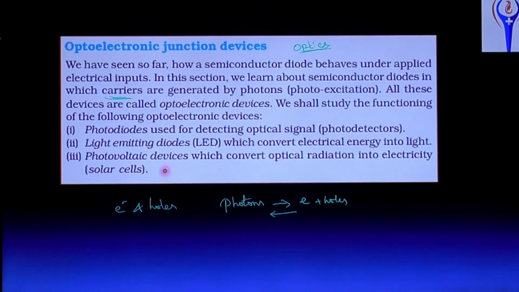And photovoltaic devices which convert optical radiation into electricity, that is the solar cell. So these photodiodes, LEDs and photovoltaic devices all come under optoelectronic devices. Opto means light with electronic equipment.